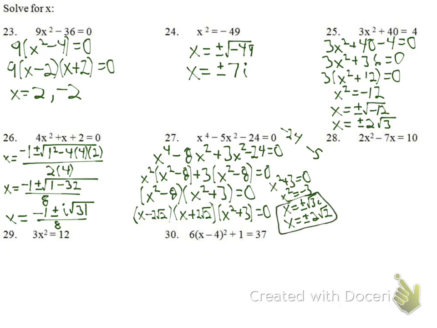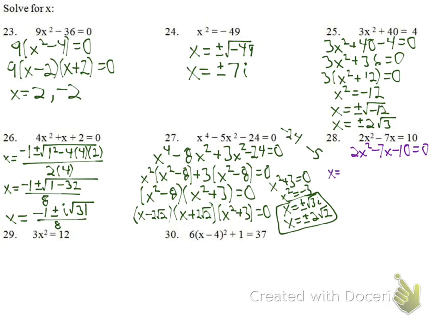All right, now on to 28. I'm going to move everything to the same side. I think it's time to change colors. We have 2x squared minus 7x minus 10 equals 0. We're looking for factors of negative 20 that add to negative 7. Don't think we're going to find any, so why don't we just go with quadratic formula.